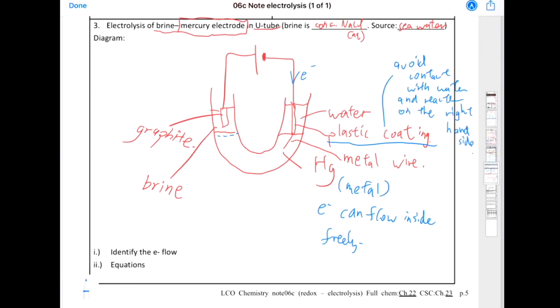And then the other thing is that we have to add some water onto the top of Hg, because electrolysis will emit heat. Can you give me a reason? High specific heat capacity.